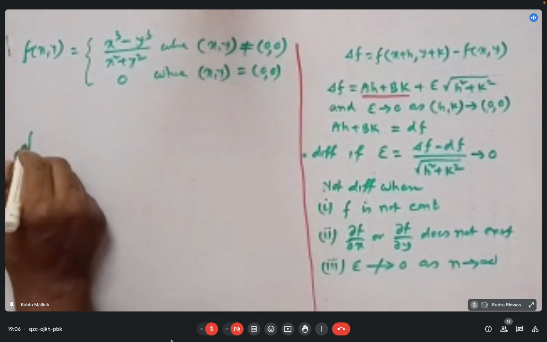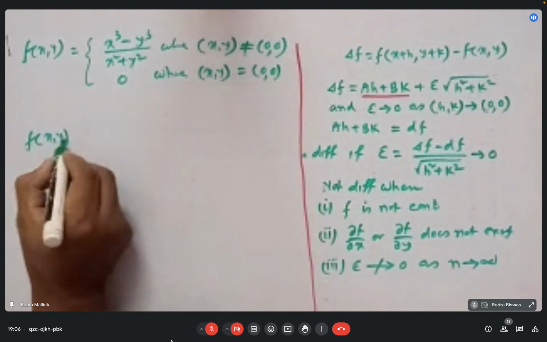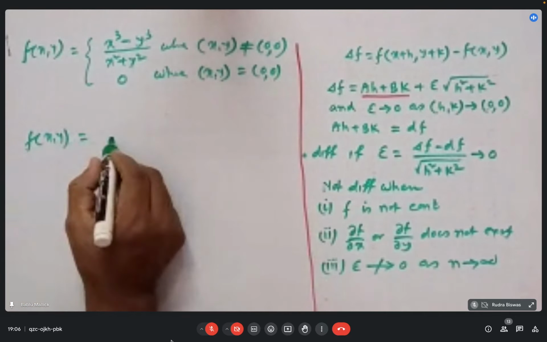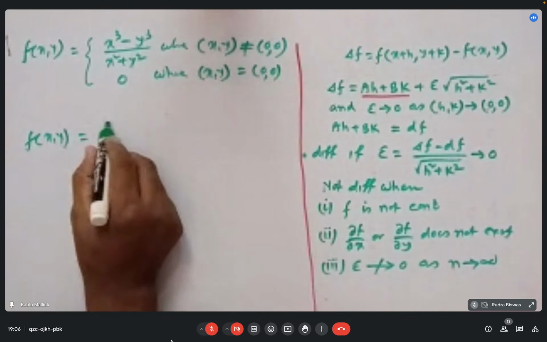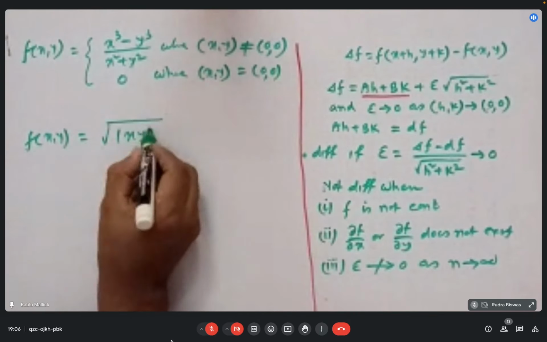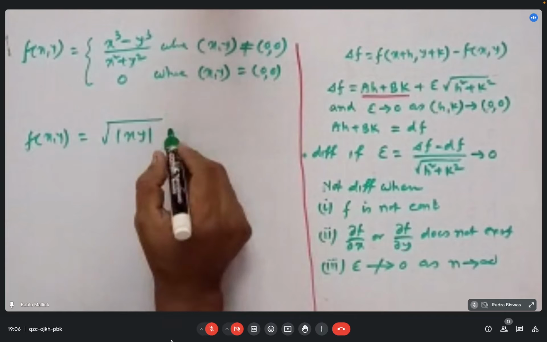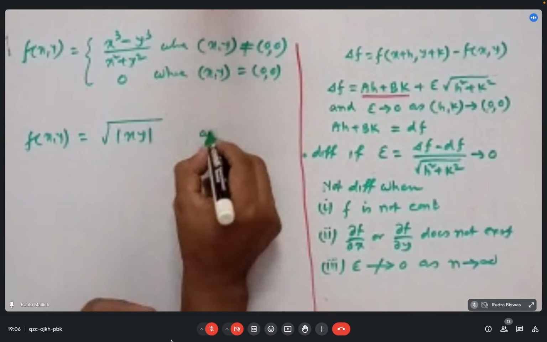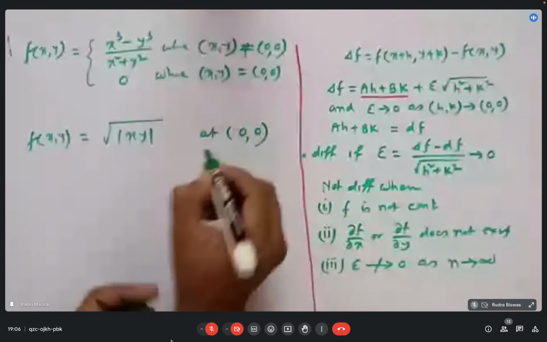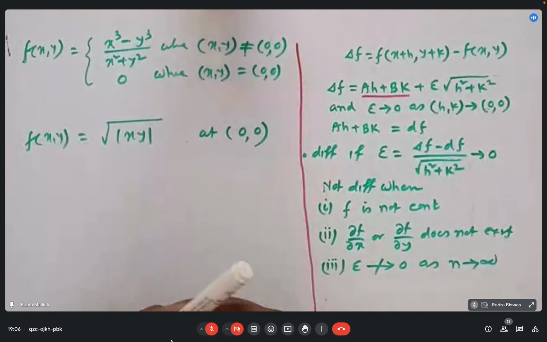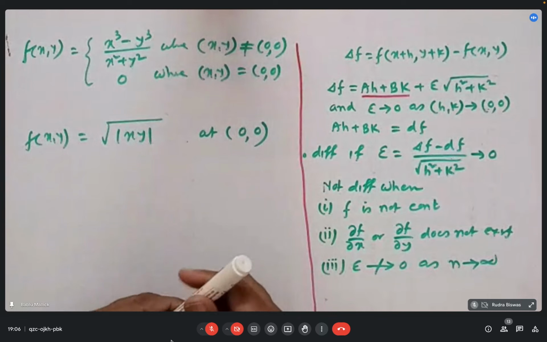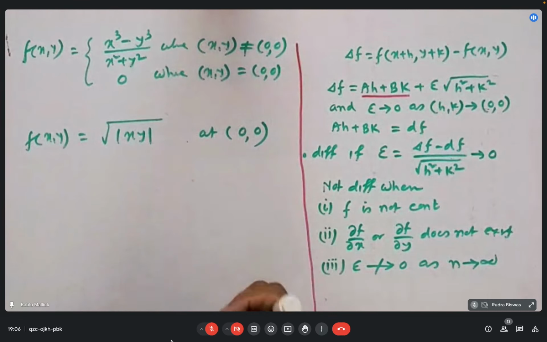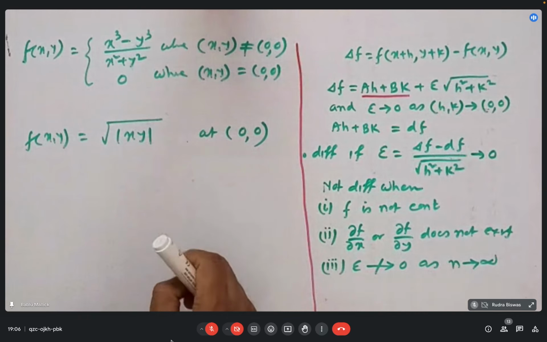Next homework: show that f(x, y) is equal to root under modulus of xy is not differentiable at (0, 0). You will do this.